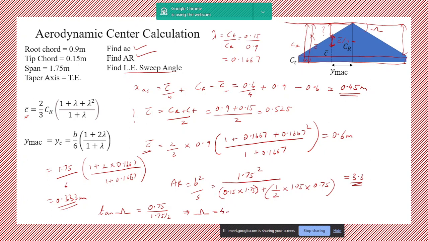So it's 40.6 degrees, right? So we have also found out the leading edge sweep angle. Is this clear? Are these two aerodynamic center calculations clear? If there's any question? Okay. So can I go on to the next slide?